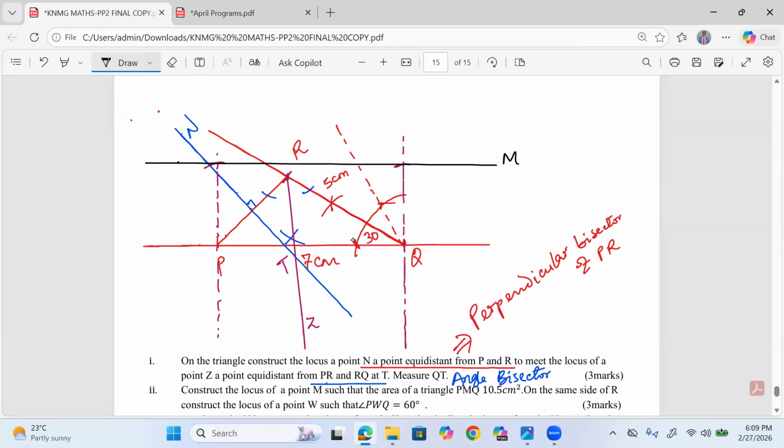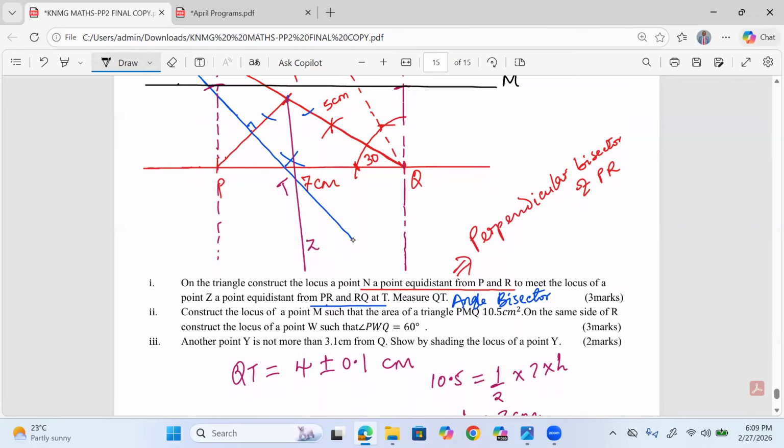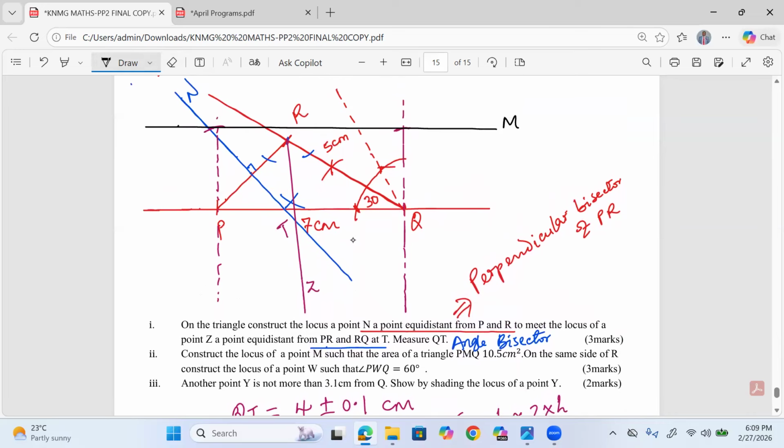It is exactly 3 centimeters from PQ. And when you construct another triangle P, then to M and down to Q, that is 3 centimeters away, the area shall be 10.5 because the base is a constant. And you do the same on the lower side because you had not been limited on the side on which to do that. It can also be on the lower side.